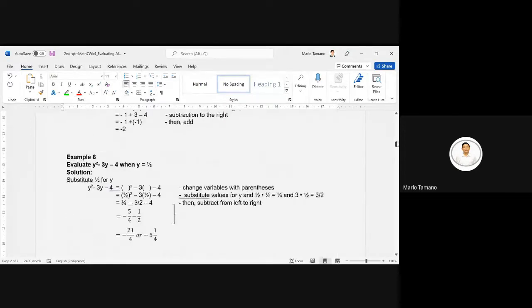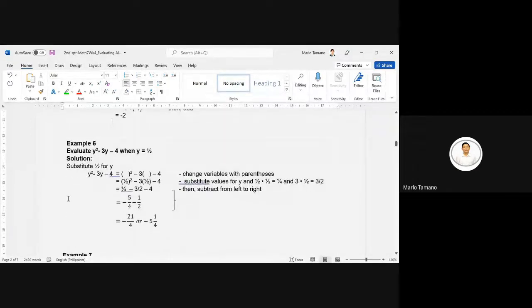Okay, number 6. Evaluate y squared minus 3y minus 4 when y is equal to 1/2. Fraction po tayo. Substitute 1/2 for y. So, the expression y squared minus 3y minus 4, huwag niyong kalilimutan isulat. Lagi niyong isusulat yan bilang panimulan ninyo para hindi kayo malito.